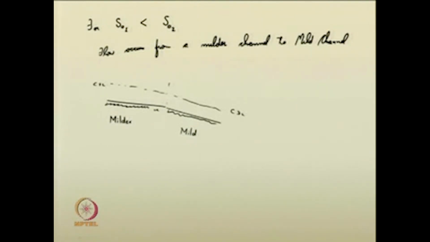Now, what happens? In the milder channel, the normal depth will be much higher, and in the second channel the normal depth will be lower. So, this is your y n 2 and this will be your y n 1. Okay.